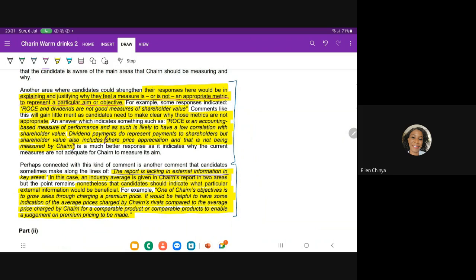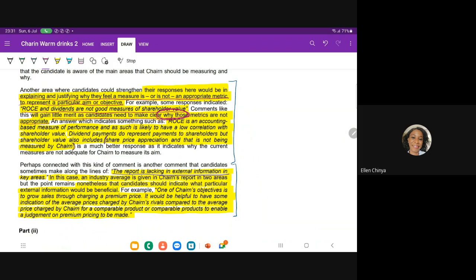For example, some responses indicate that return on capital employed and dividends are not good measures for shareholder value. Comments like this will gain a little merit, as candidates need to make clear why those metrics are not appropriate.